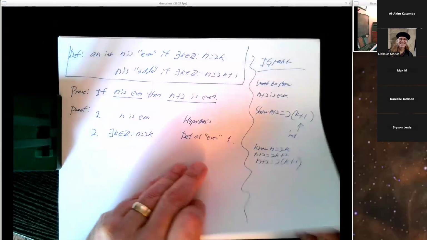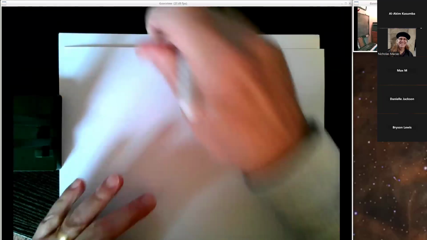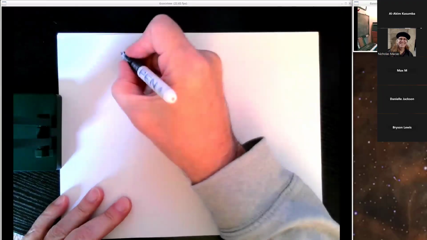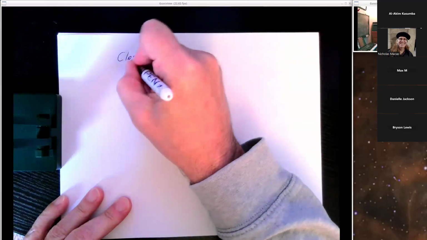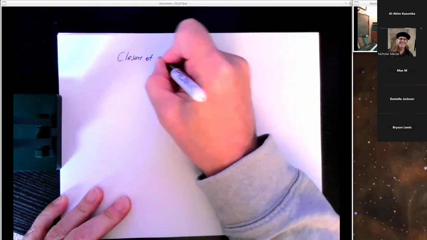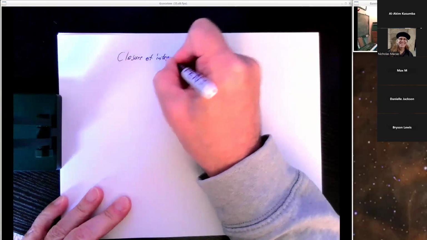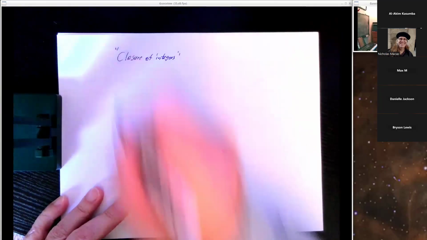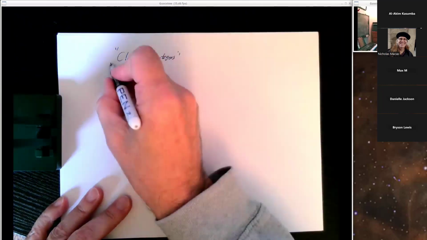So there's another thing that you can use in these proofs. And this is what I'm just going to call closure of integers. And closure of integers is the following statement.